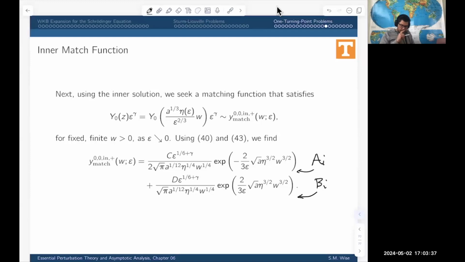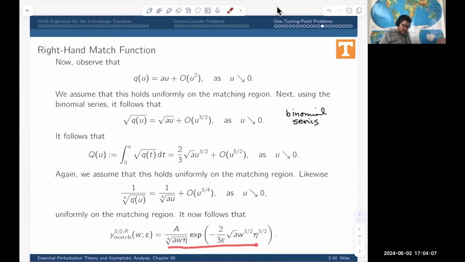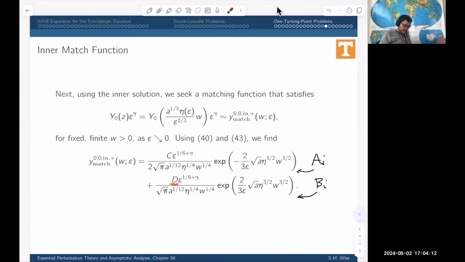The Ai term is exponentially decreasing, and the Bi is exponentially growing. If you use those asymptotic formulas, you get the following. I know immediately that I cannot connect this exponentially growing formula to anything here. There's no exponentially growing term. So immediately I see that D has to be set equal to 0.